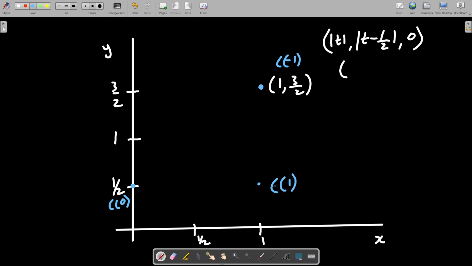C of half we left out. C of half is a point on that interval. So what will become of C of half? Half minus half will be 0, and this will be 0. So that is half comma 0, that is here. So this is C of half.